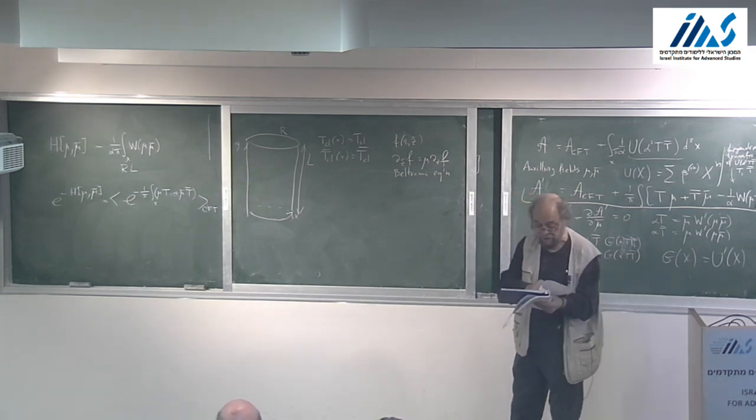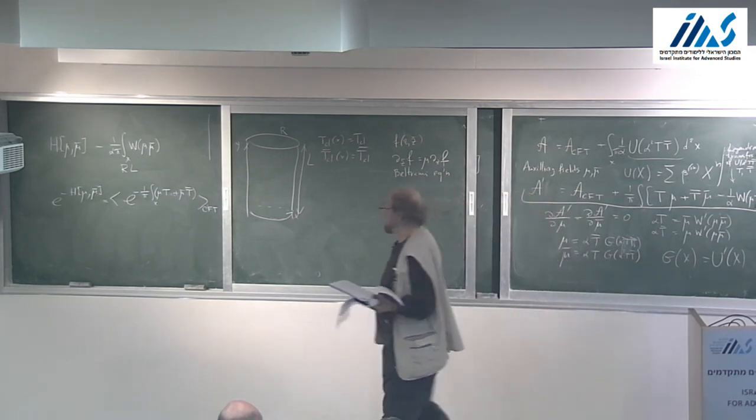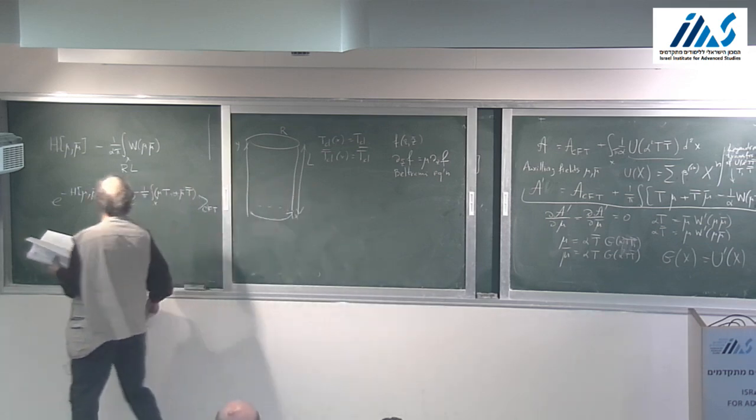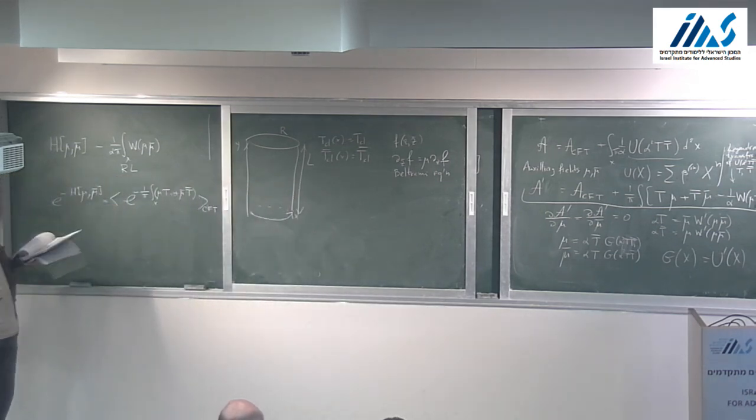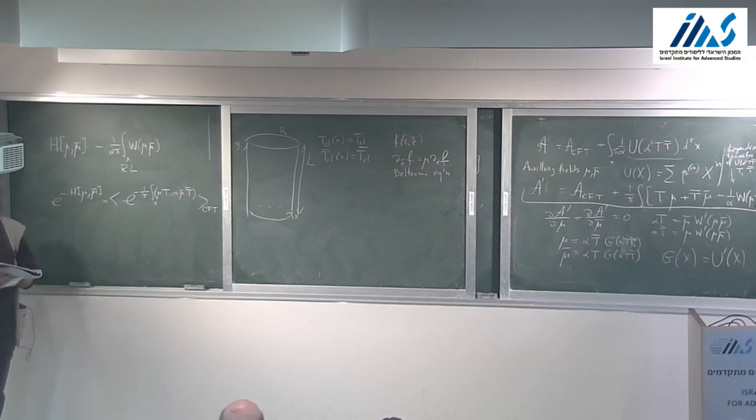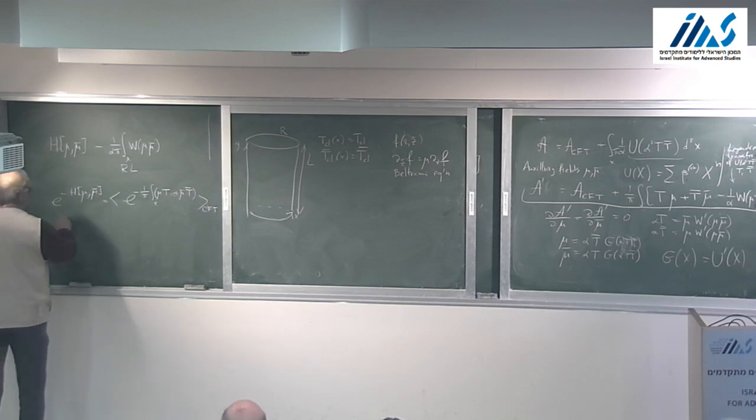I am not going to write down formulas. That's all right. So now, of course, because T and T-bar don't talk to each other, up to contact terms, this H is a sum of contributions of left and right.